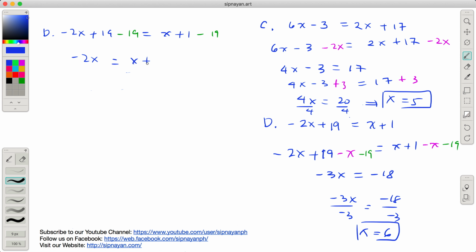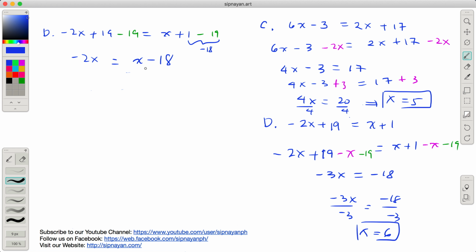So x plus negative 18. Tama? But x plus negative 18 is the same as x minus 18. Pwede ko na i-diretso. X minus 18.